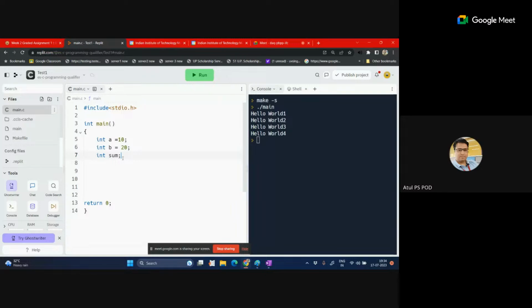Now we need to print this sum. So I'm writing S, one second, printf. Can we get the correct answer if I am writing in this way? One second, my screen is in hand.